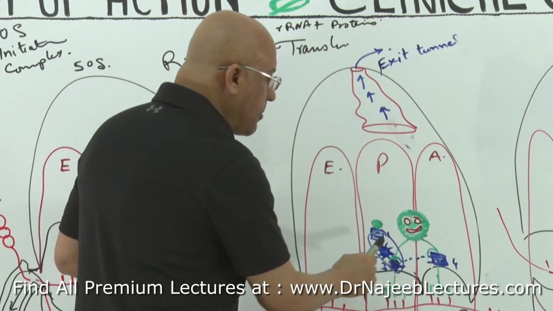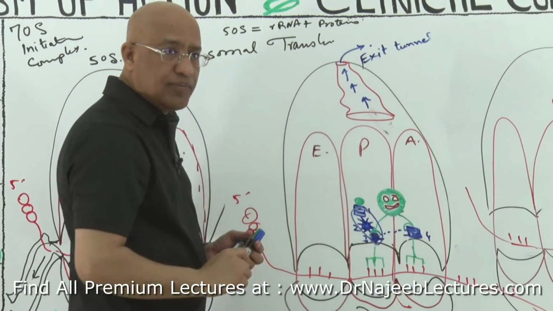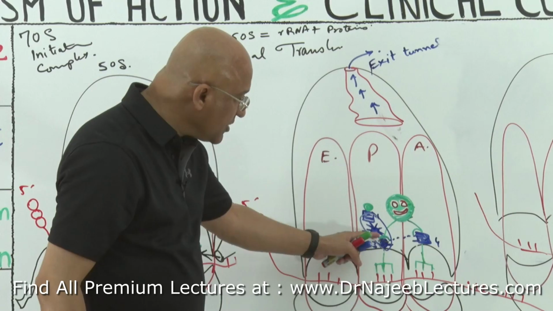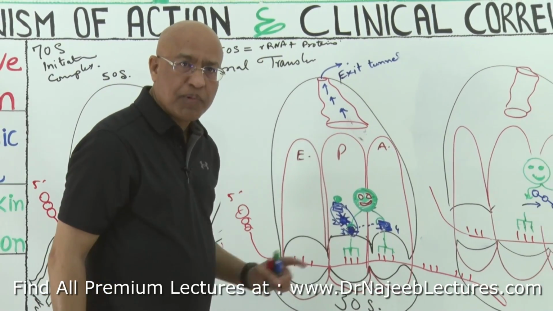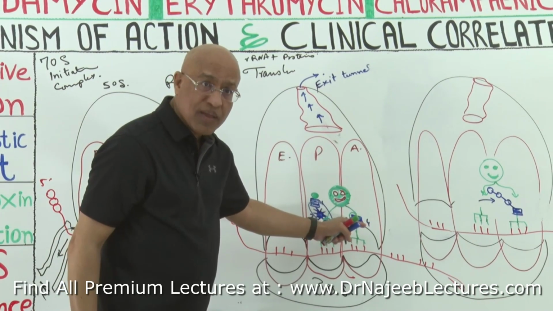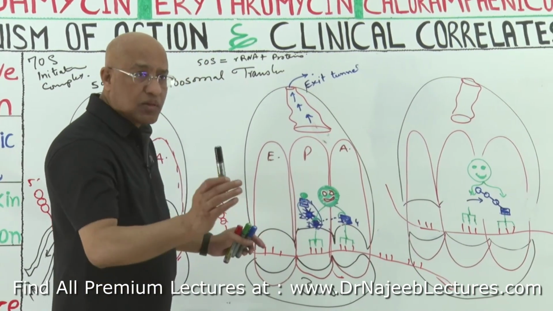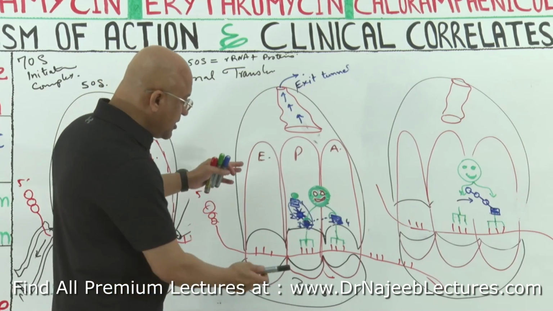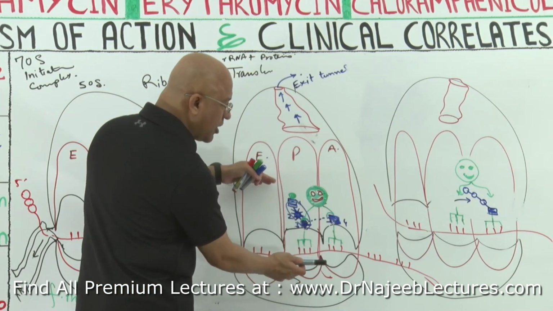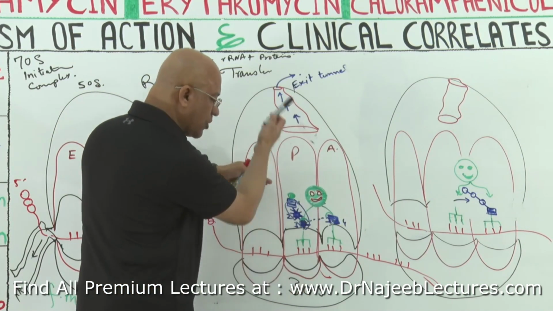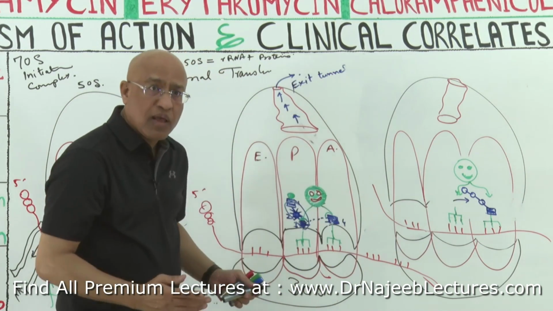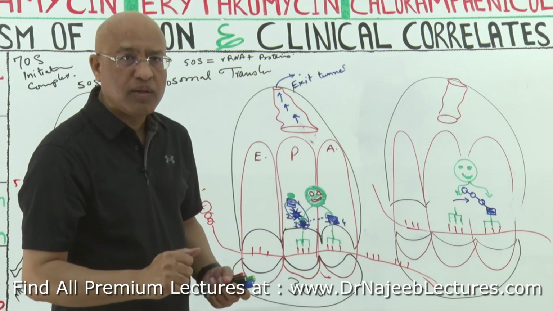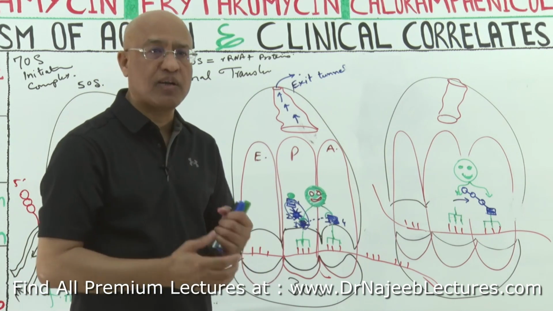Either there is peptide chain translocation, where the chain of the peptide is translocated. And the other, which I will tell you within two minutes, is when the whole functional ribosome complex moves towards the 3' end down one codon. That is called ribosomal translocation.